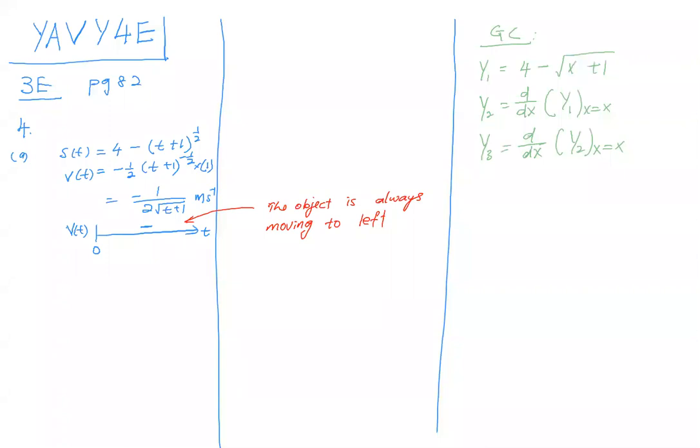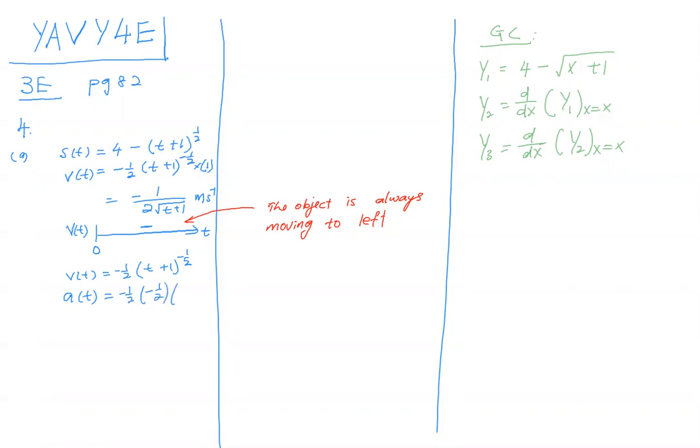Okay, so now we want to find the acceleration. So the velocity function is negative half (t plus 1) to the power negative half, correct? So we want to find acceleration by differentiating velocity. Bring down the power, negative half.